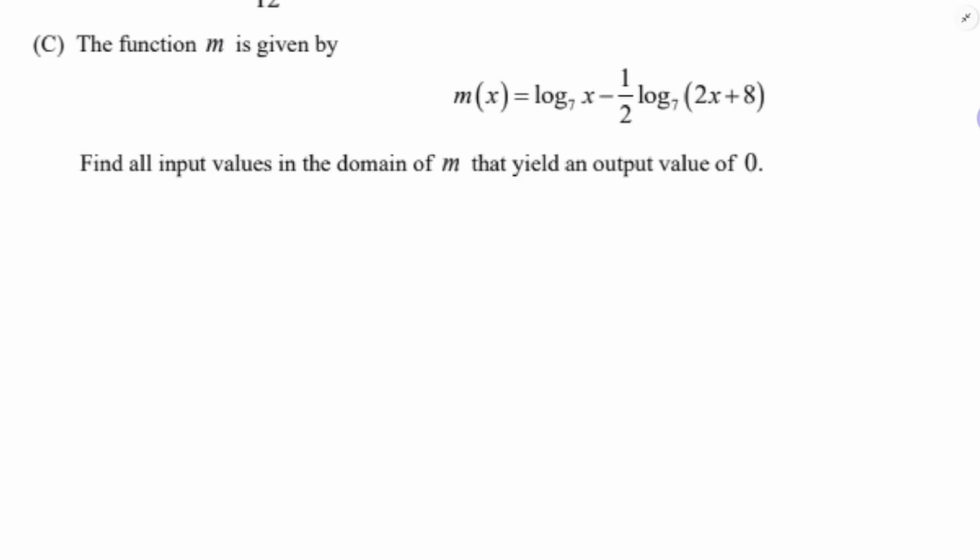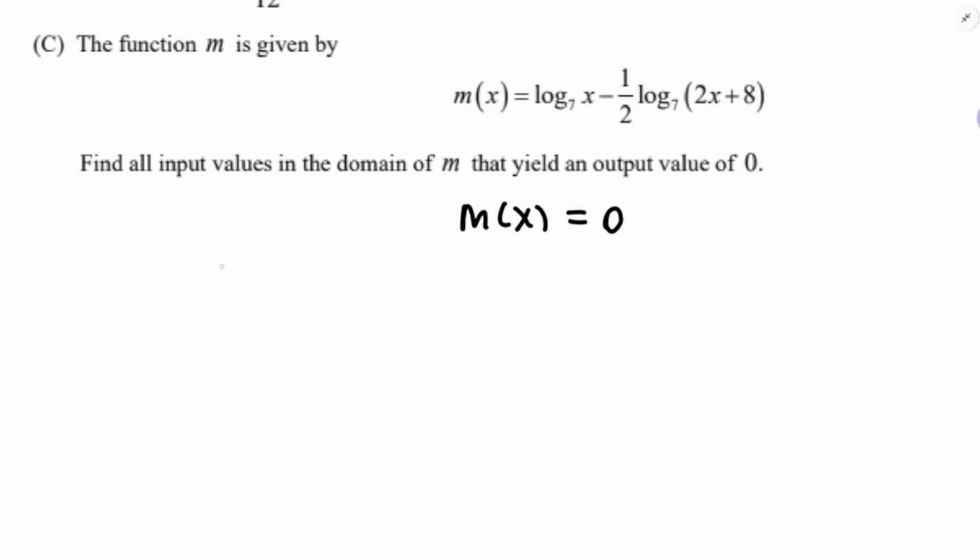And then part C has got a log equation. We want to just know the zeros of this thing. It's going to be really tempting to take the two logs and set them equal to each other, but that half is in the way, so we're going to have to deal with that no matter what. So I think we might as well just call m of x equals 0.